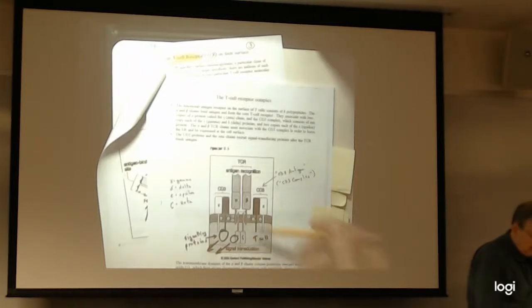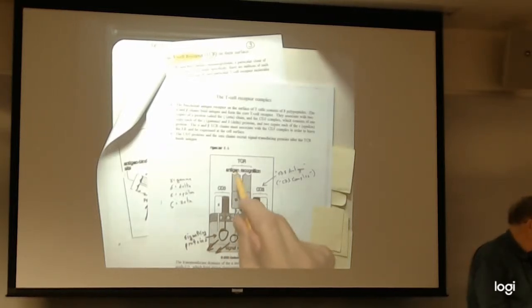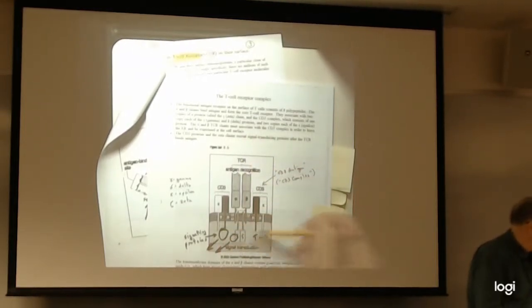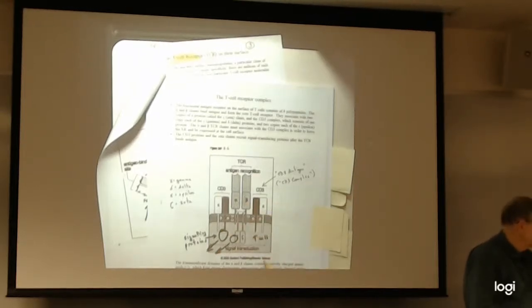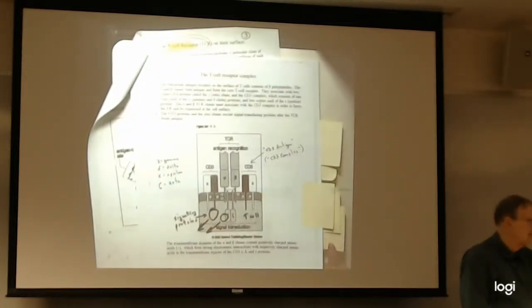These have little Greek names: gamma, delta, epsilon, zeta, and so forth. The cytosolic tails of these proteins initiate signal transduction events, so that when the T cell receptor recognizes its cognate antigen, we will activate these CD3 complex proteins and also the zeta chain to initiate signaling. We'll have a lecture where we'll talk about the signal transduction events and so on.